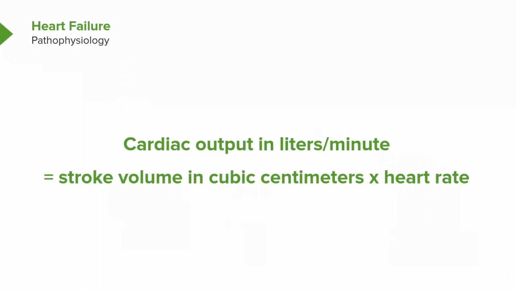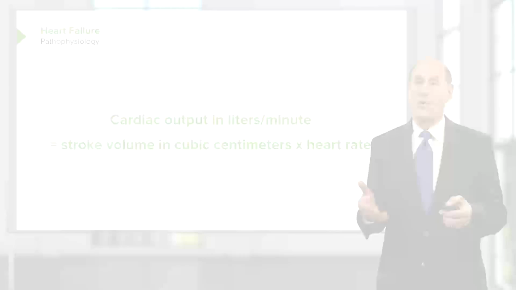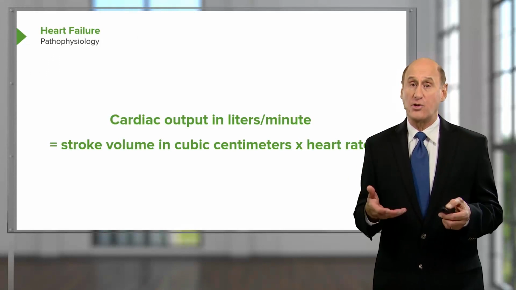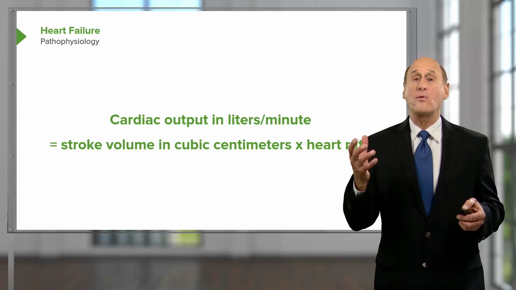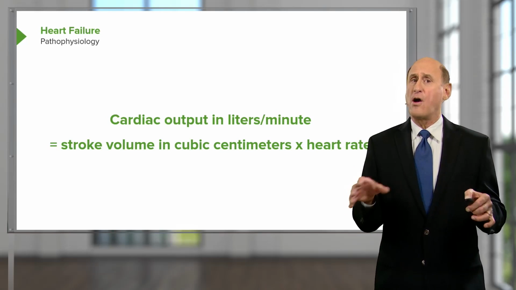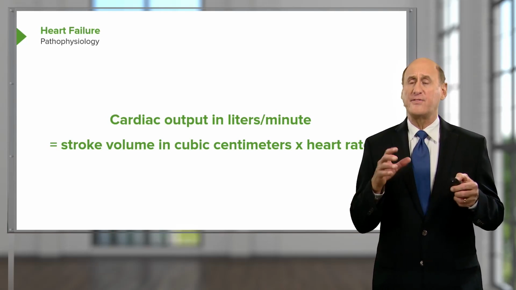So remember, stroke volume is the number of cubic centimeters that the heart puts out each time it squeezes, times heart rate, that's cardiac output. So when we have a reduction in stroke volume because the heart has been injured, sometimes you'll even see the heart rate go up because the central nervous system says, oh, cardiac output is falling. We have to increase the heart rate.